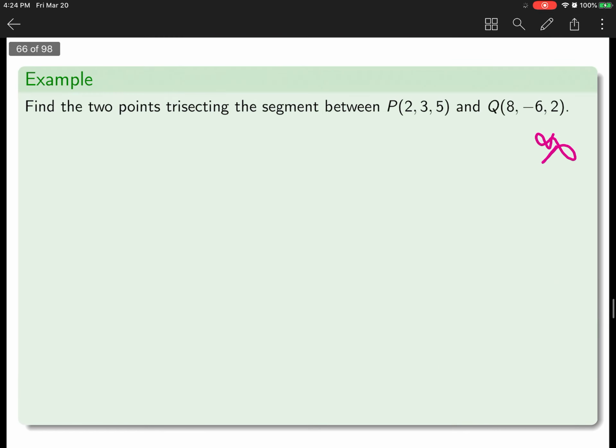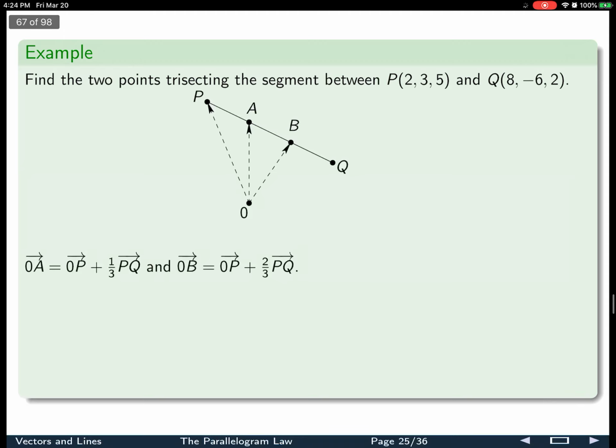Okay, great. Now we're getting daring, and we're going to find 2 points that trisect the segment between 2, 3, 5 and 8, -6, 2. Same overall setup as before.